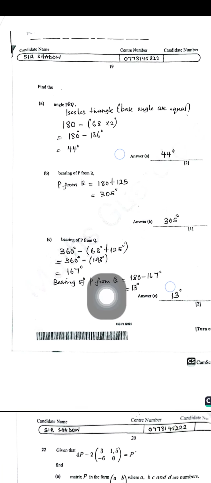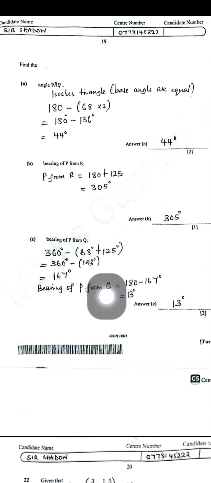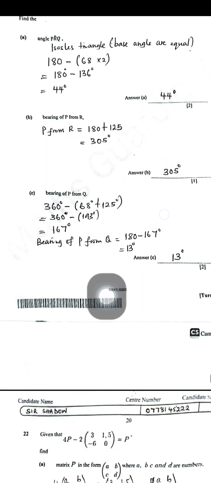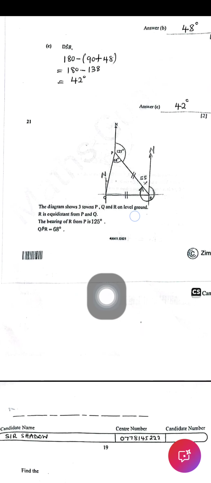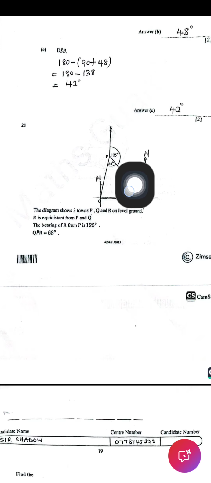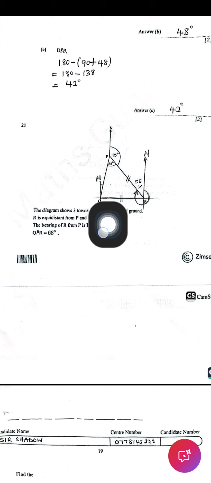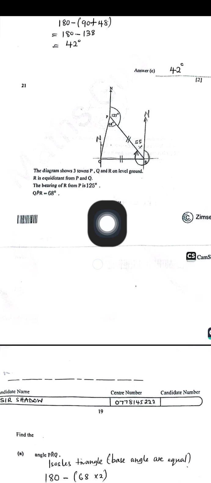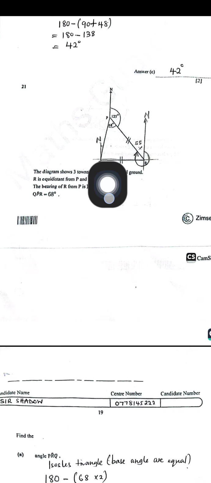All right, let's consider the other question, which is part C. The bearing of P from R is 305 degrees. By the way, the bearing of P from Q: P is right here, Q is right here. P from Q, we go where there is "from", Q. Q is right here.